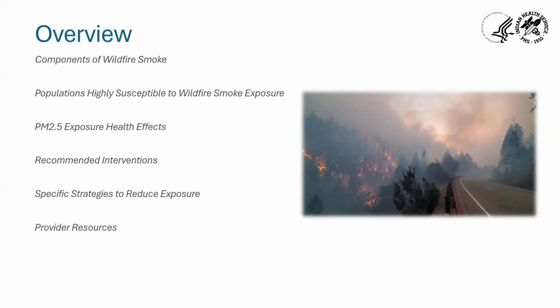We're going to cover some recommended interventions for healthcare facilities, things to implement, and specific strategies to reduce exposure. Then, what you advise your patients to do to reduce their exposure. And then finally, some specific resources for providers to get more information. The training should last approximately 30 to 45 minutes with some time for Q&A at the end.